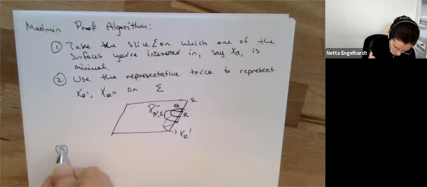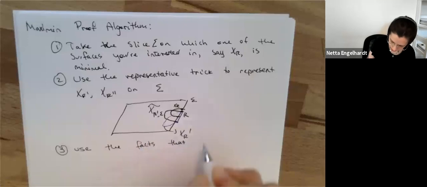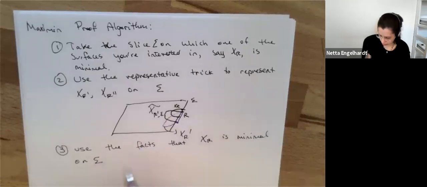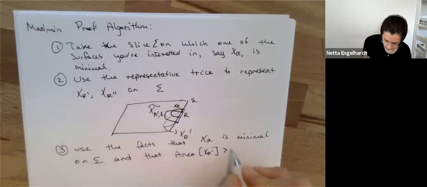So use the facts that XR is minimal on sigma and that the area of XR prime is greater than or equal to the area of XR prime sigma tilde.